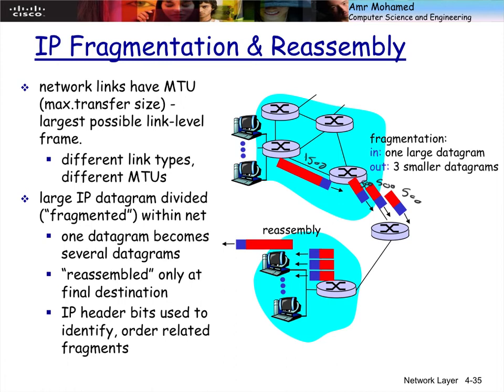But the question here is, what if the maximum transmission unit here is back to 2000? If we go from 1500 to 500 and then back to 2000, what do we do?